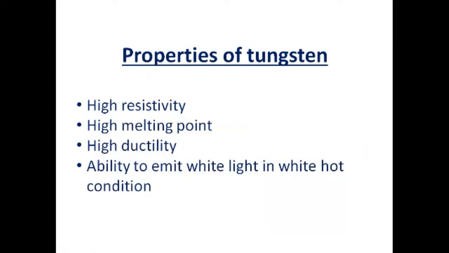High melting point means that even if we pass more electricity through it, it doesn't melt because its melting point is very high. High ductility means tungsten can be drawn into a very narrow filament. If we give electricity to the tungsten filament, it becomes white-hot and produces white light.